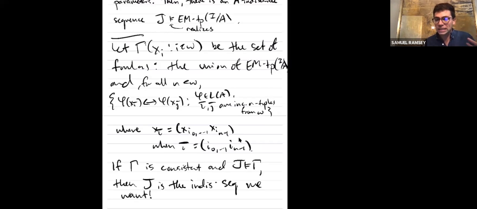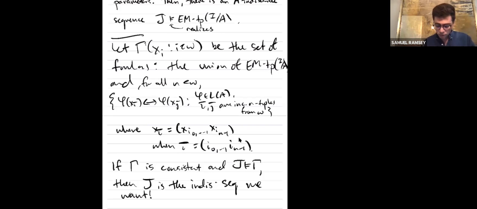So the only other thing that we need is for J to be an indiscernible sequence. What does it mean to be an indiscernible sequence? It means that no matter which n-tuple I take, I get the same type. But what does it mean to have the same type? Well, to have the same type means that whichever formula is true here needs to be true here. So if you unravel what all that means, it's exactly that I satisfy this type. It says no matter which increasing n-tuple I pick, the formula on the increasing n-tuple I bar will be the same as the formula on the increasing n-tuple J bar. The truth value doesn't change.